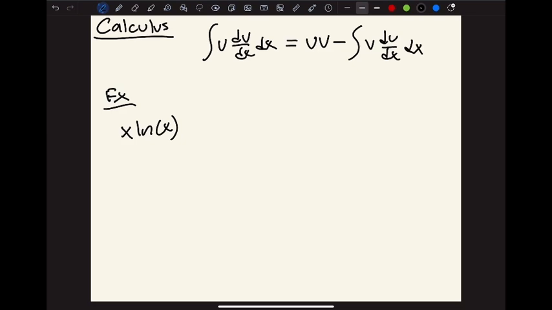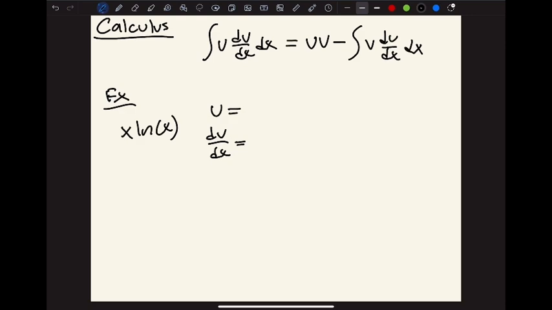To decide on which one is going to be u and which one is dv over dx, we have to look at which one is easier to differentiate. Whichever variable we put as u, we're going to have to do the derivative to get du over dx. And whichever one we pick to be dv over dx, we're going to have to do the integral of it to get v.